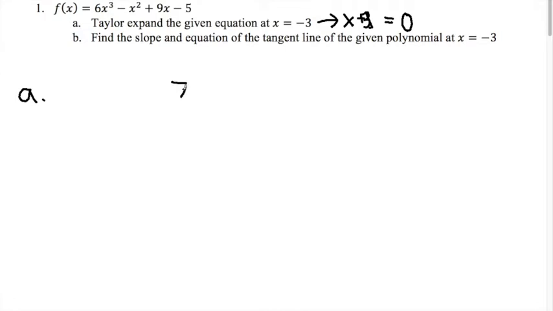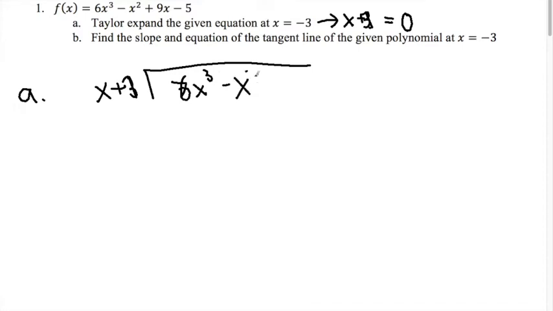You would start by, like I said, dividing 6x cubed minus x squared plus 9x minus 5 by x plus 3.